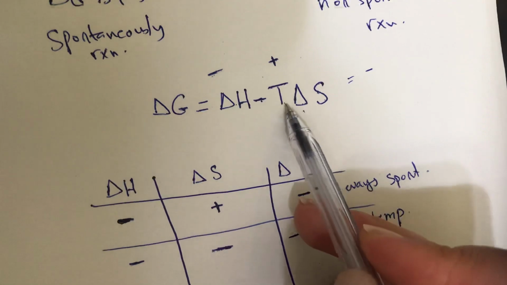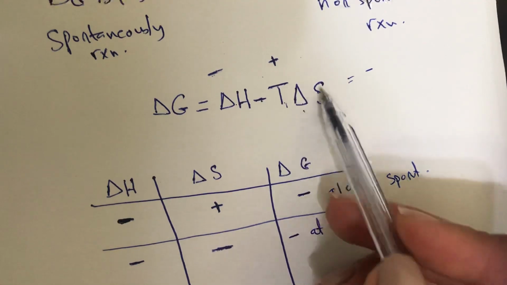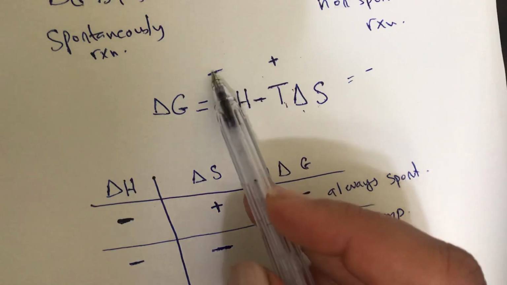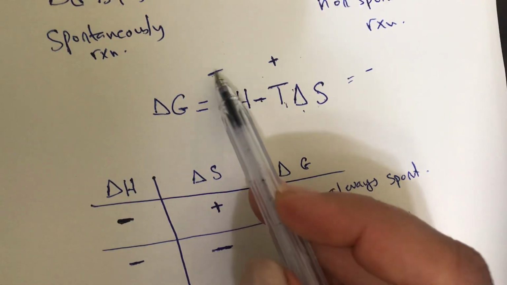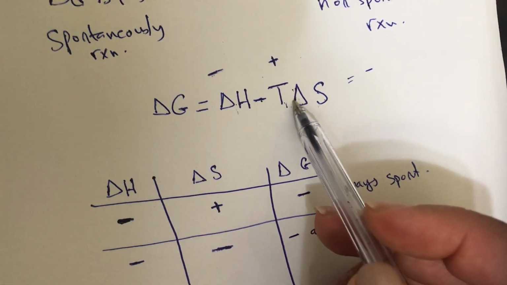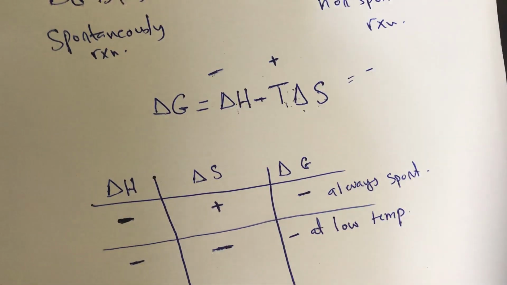At low temperature, when you multiply temperature times delta S, you get a small amount. So here delta H is negative, and here it's positive. It's a smaller amount than delta H, so the answer is negative.